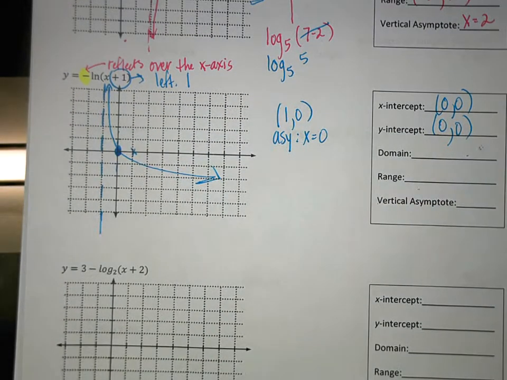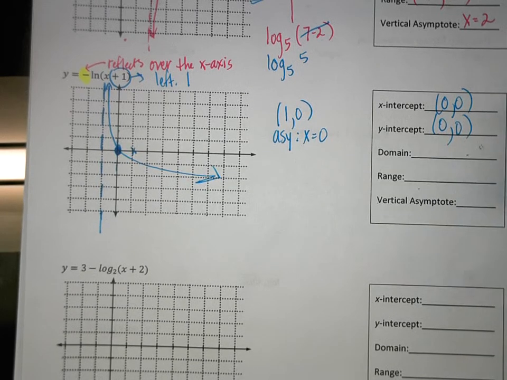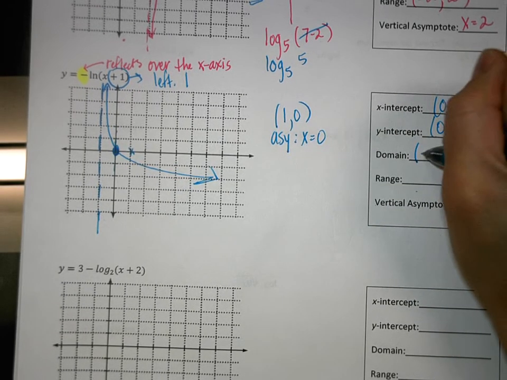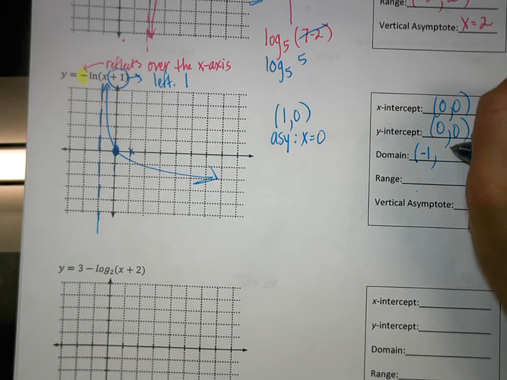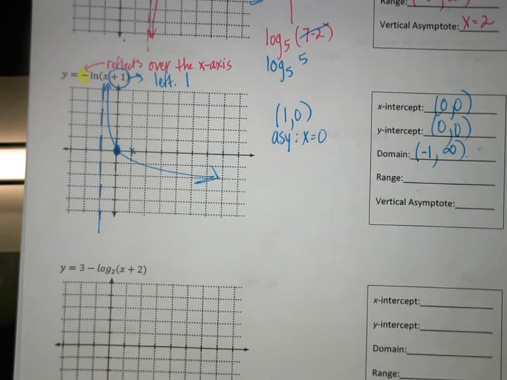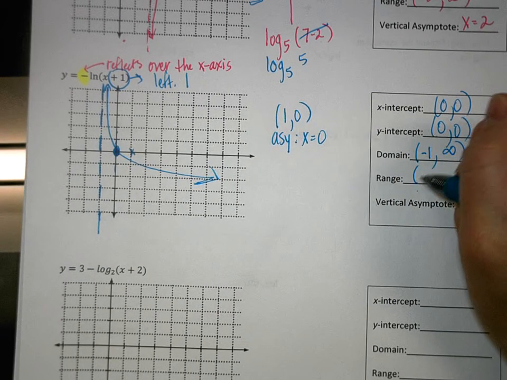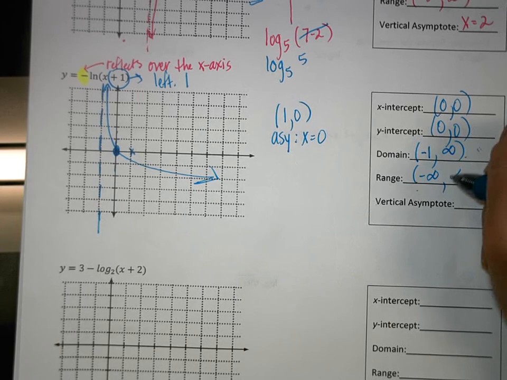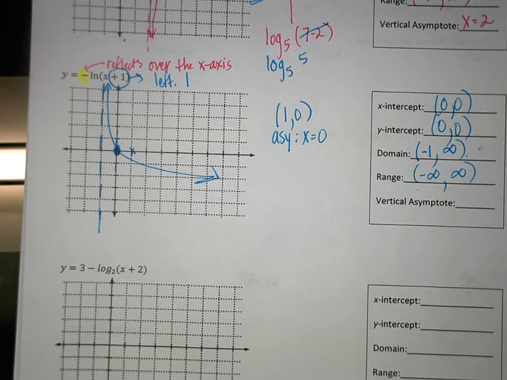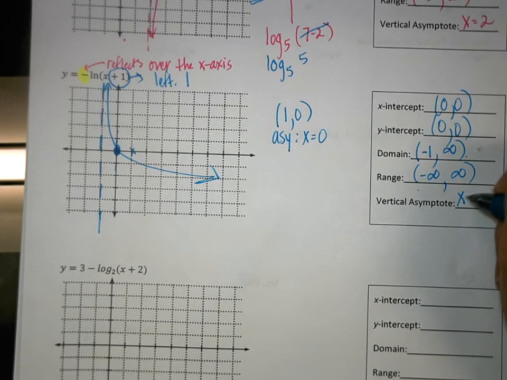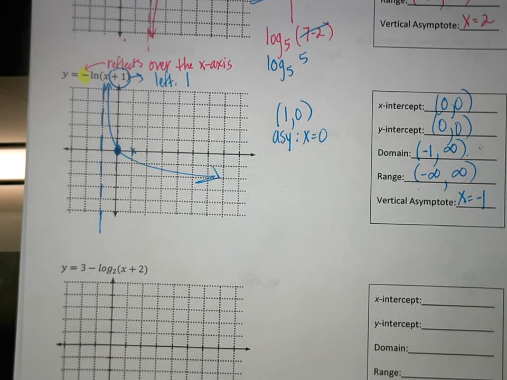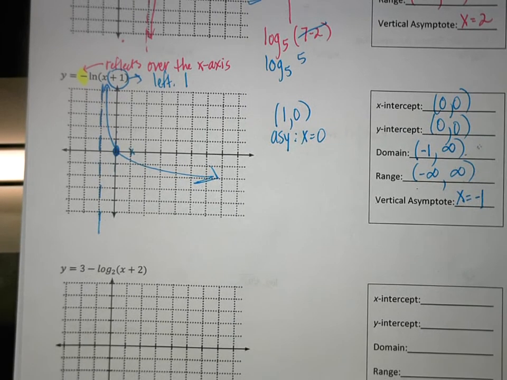What's my domain? -1 to positive infinity. What's my range? -infinity to positive infinity. And my vertical asymptote is at x equals -1. Okay, any questions? All right, last one.